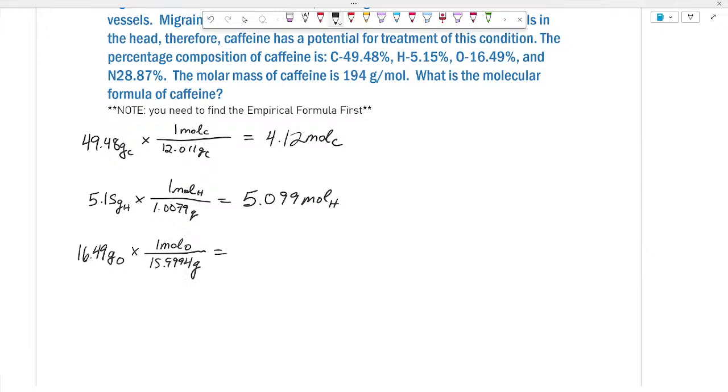What are we going to get there? Obviously 1 point something. 1.030 grams of oxygen. And the final one remaining is 28. Did I say grams? Yes. Whoopsie, sorry about that. And 28.87 grams of nitrogen. And 1 mole of nitrogen is 14 point what?